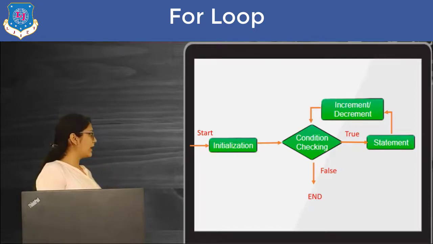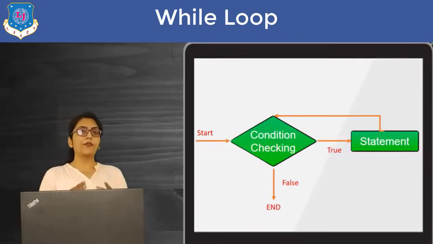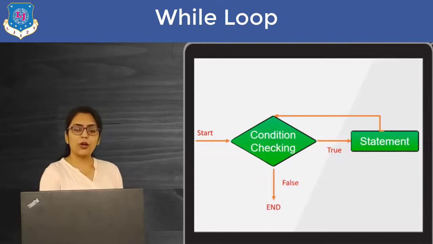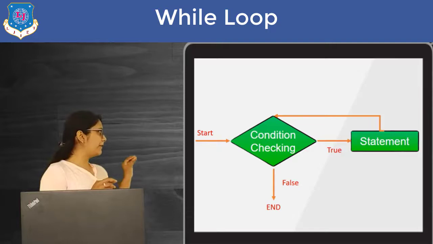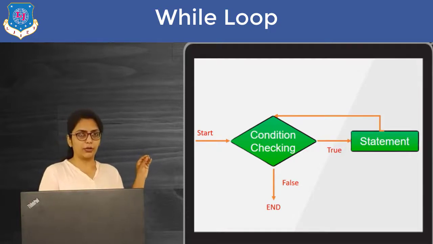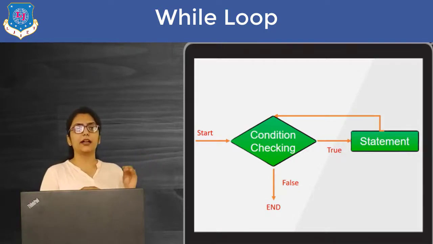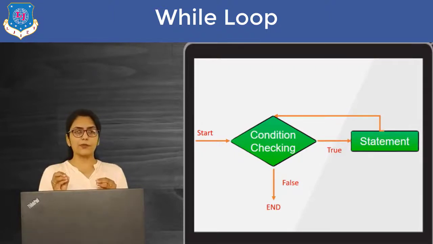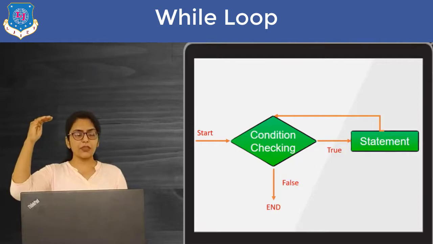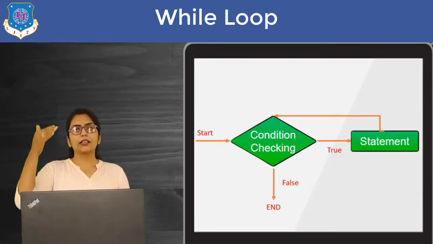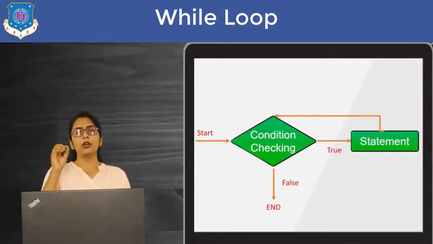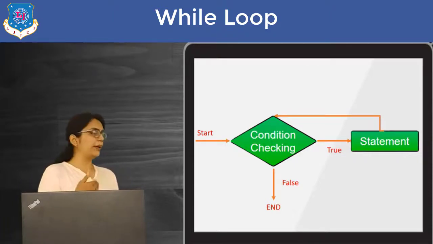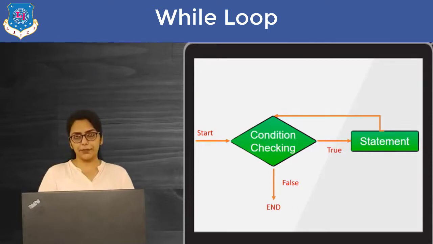Now, what about the flow chart for the while loop? As you can see here, for the while loop I have not written increment or decrement, because I have considered it inside the loop statements. If you have observed in the coding part, in the while loop first we initialize, then I check the condition, and if the condition is true, I execute the block of statements.